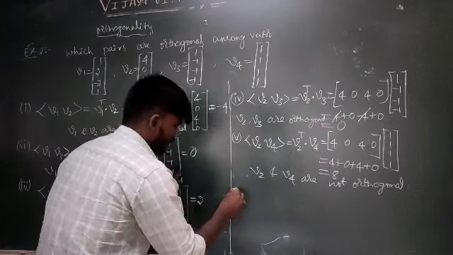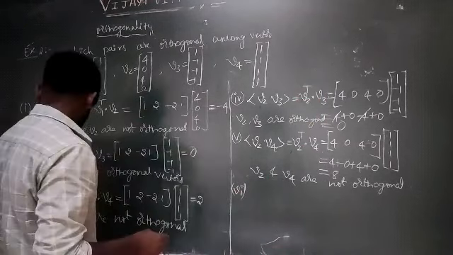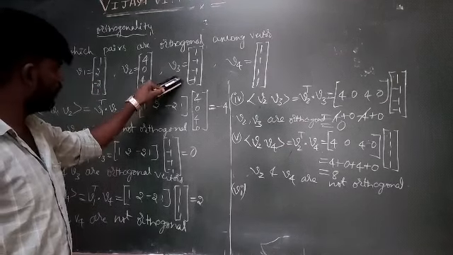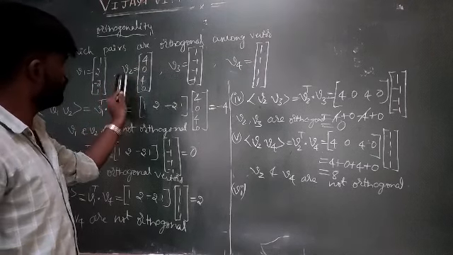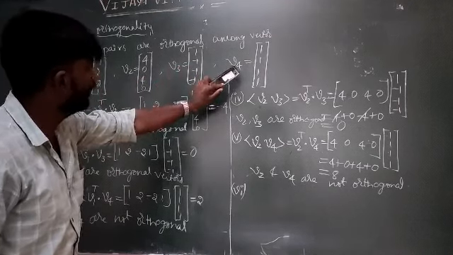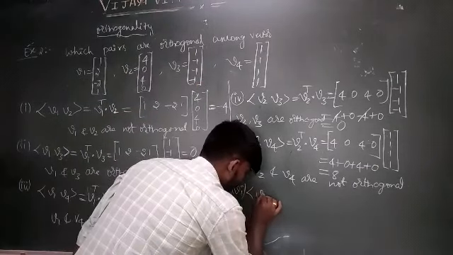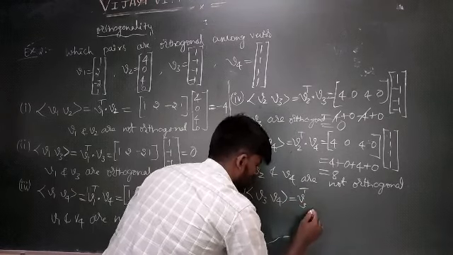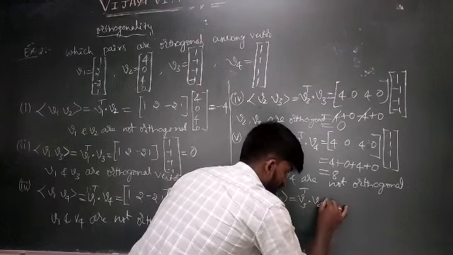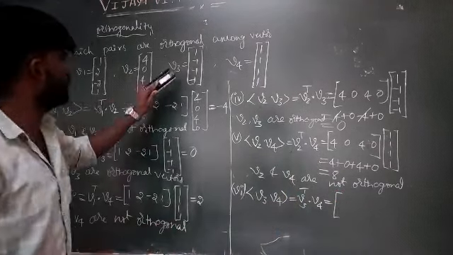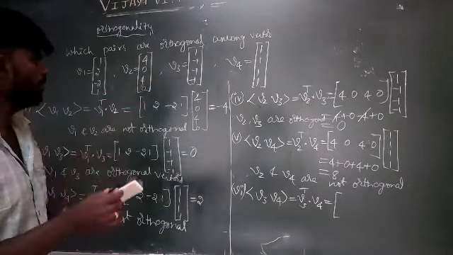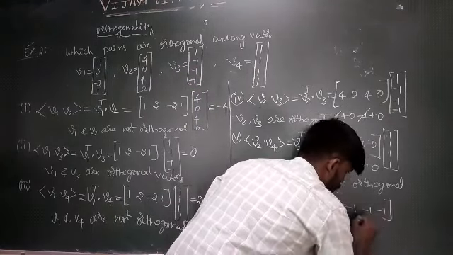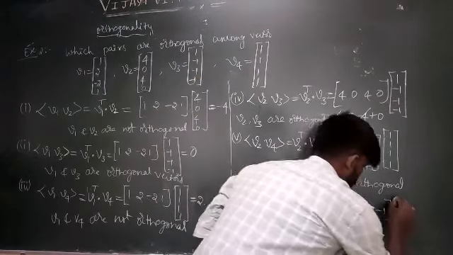Okay, understood? Next is the sixth pair. The pairs v1 with the others, v2 with v3, and v2 with v4 are over, so now v3 and v4. The inner product of v3 and v4 is v3 transpose dot product with v4. v3 transpose means this vector as a row: (1, -1, -1, -1), and v4 is (1, 1, 1, 1).